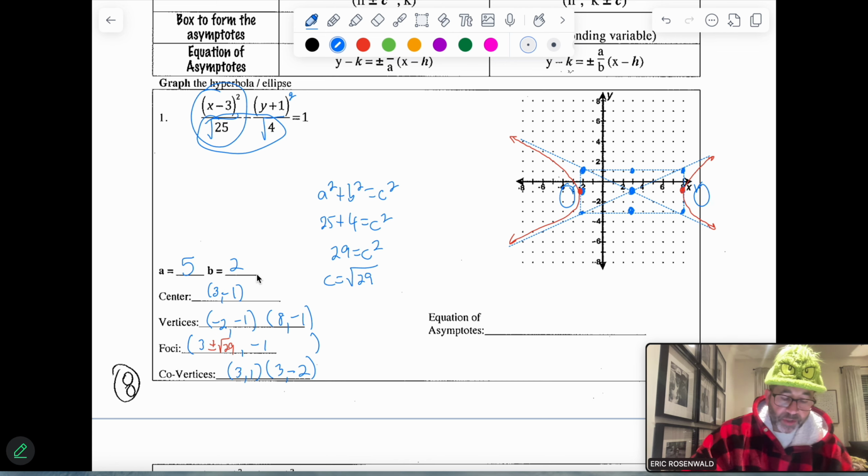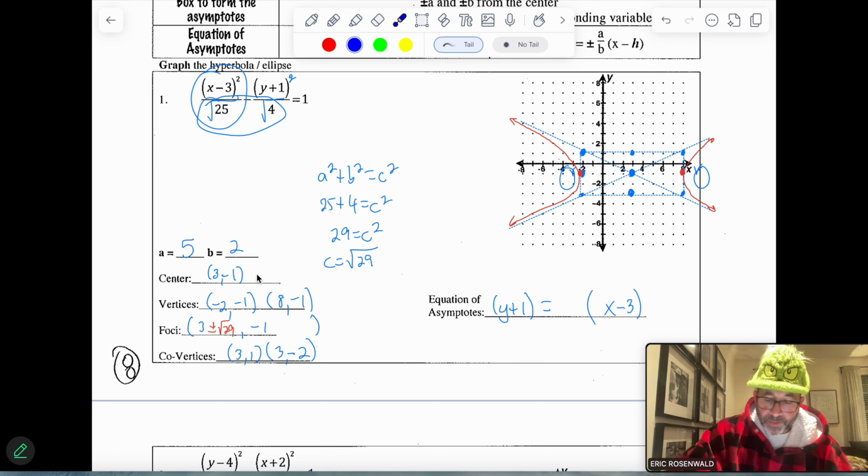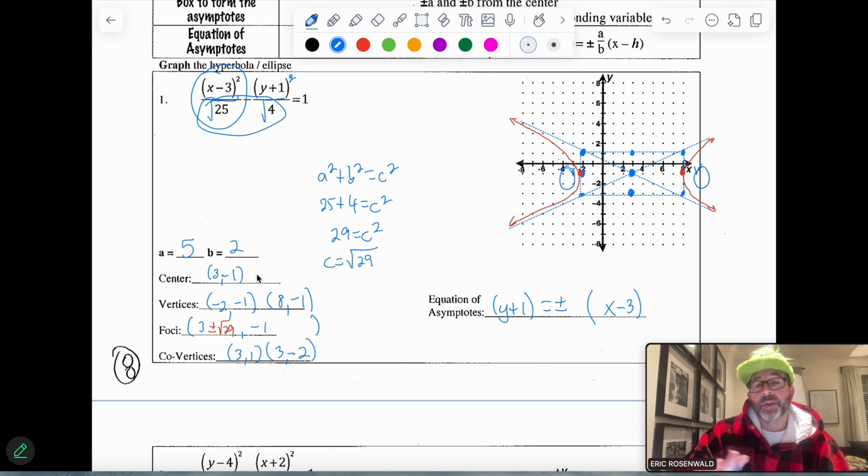The equations for your asymptotes, again, are going to just be extrapolated from the hyperbola itself. So we're going to have y plus 1 equals, and we're going to have x minus 3, okay? Those are directly taken from your hyperbola. I'm sorry, I said a parabola. It's a hyperbola. And then the other portion is going to be plus or minus. And again, so you don't have to overthink this, slope is really easy to get from this picture.